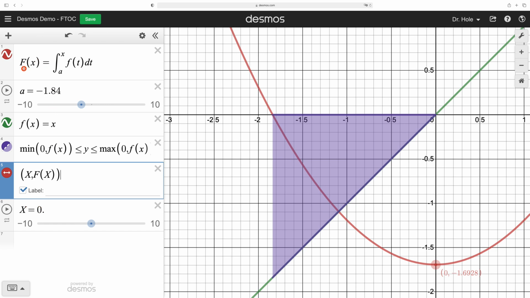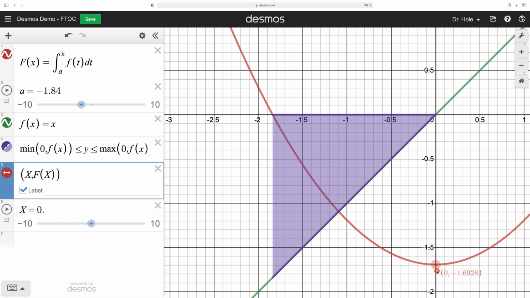So if we look back at what capital F of x is, it's going from some a value, which is negative 1.84. It's going from a up to x, which here, little x is taken to be capital X, and capital X is 0. So in other words, the red curve evaluated at input x equals 0 produces the shaded purple area.